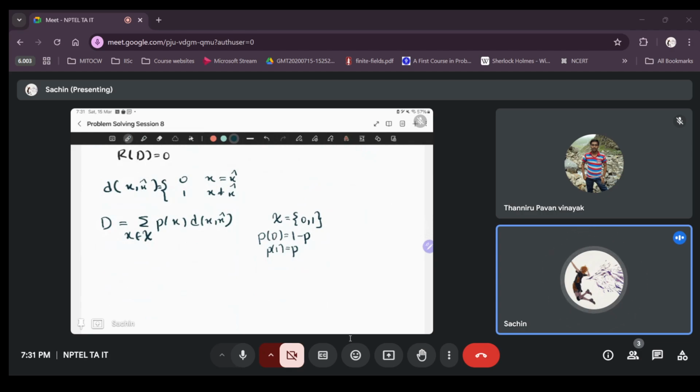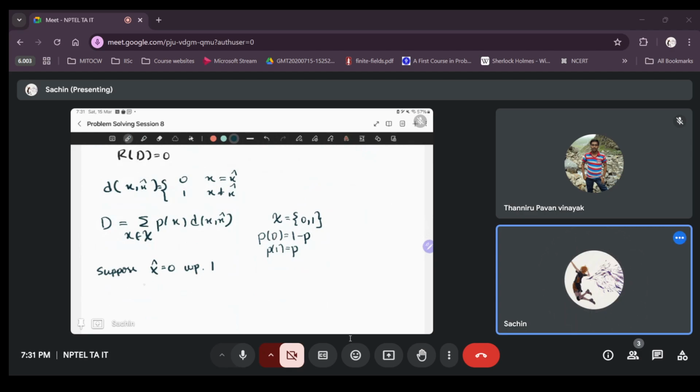Suppose I set x hat equals 0 always, with probability 1. So regardless of what the code word index is, I always reconstruct to 0.